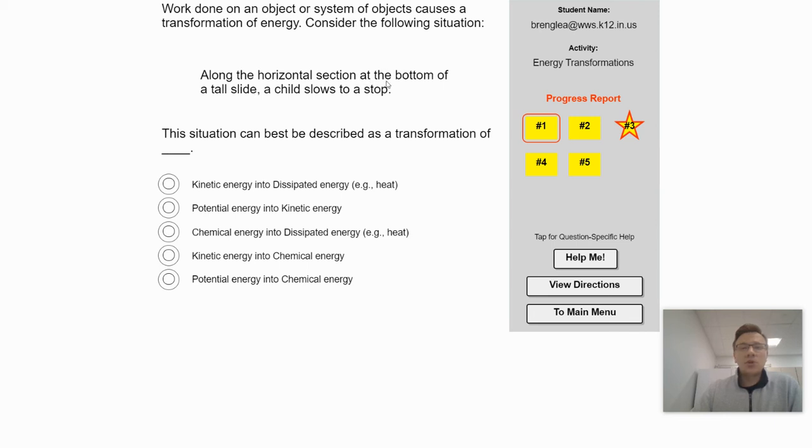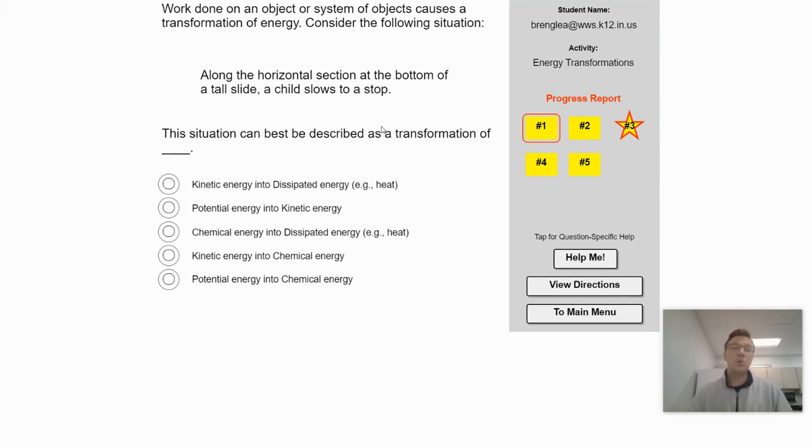Along the horizontal section at the bottom of a tall slide, a child slows to a stop. So this is saying like the child went down the slide and then it's on a flat section where the child's just moving horizontally, and then they slow down during that process. So basically just imagine somebody sliding on the ground and then they slow down to a stop.